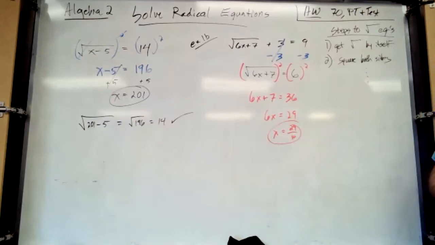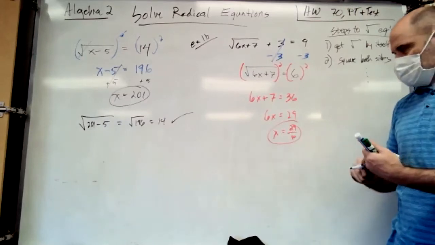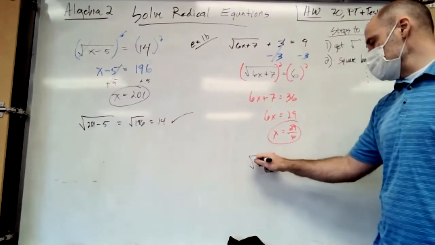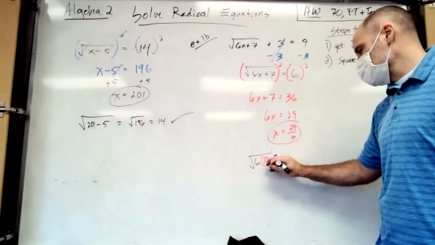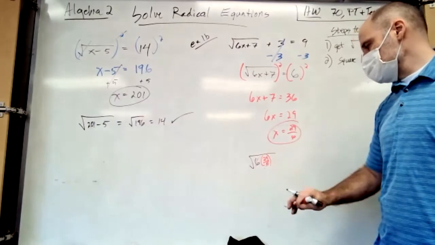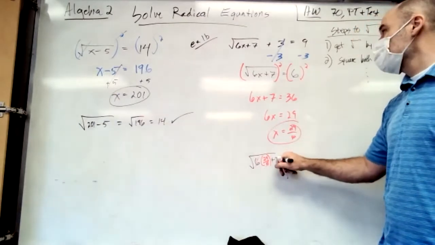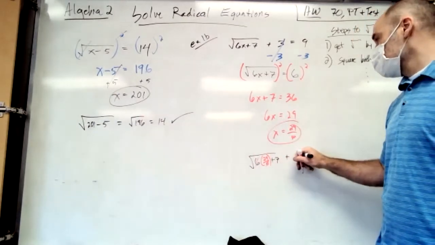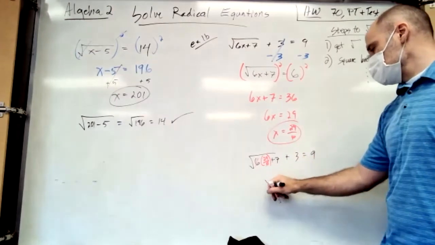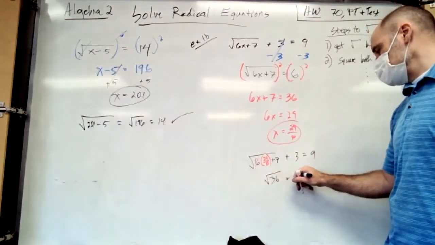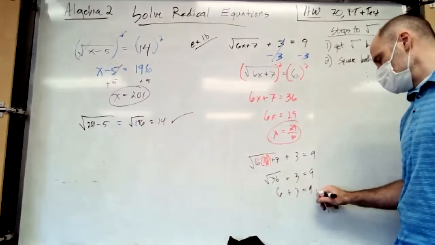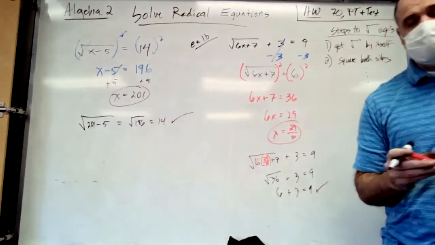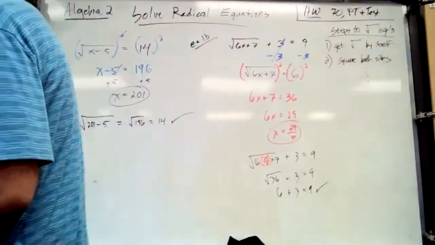Let's make sure that works. Plug it in. Square root of 6 times 29 sixths, that cancels the 6. So that's square root of 36 plus 3 equals 9. 6 plus 3 equals 9. Check, it works.